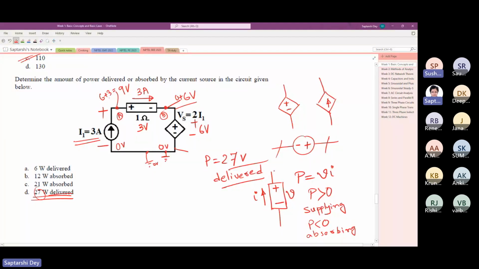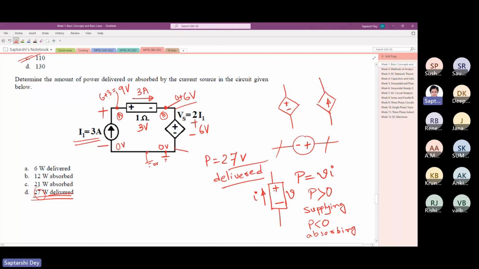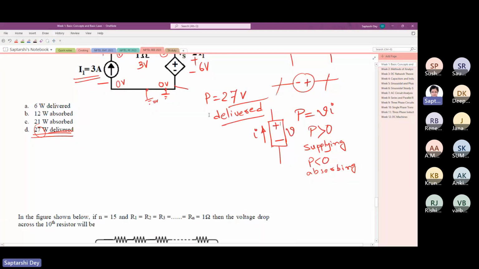I said any circuit element, across which you assume the voltage direction to be like this and the current direction to be like this. Then normally we assume that current is flowing from high potential to low potential. No, no, it's not that normally we assume.